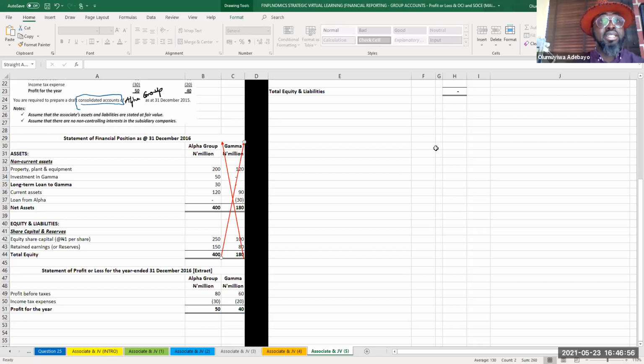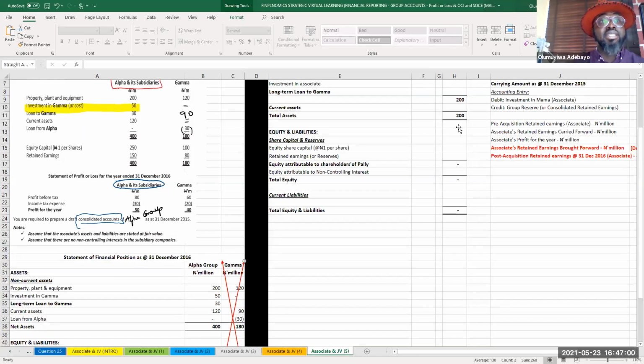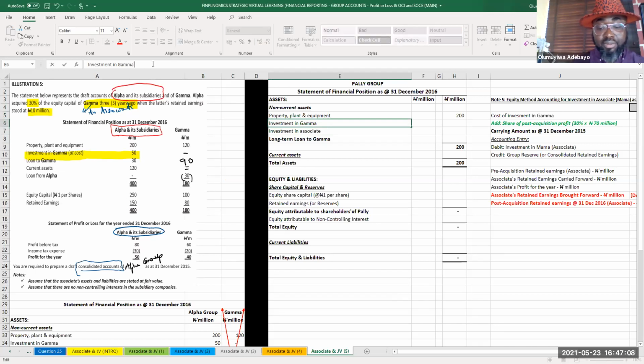You don't need Gamma asset and liabilities, 200. Investment in Gamma, how much is it now? Which is same as investment in associates. How much is it? It's going to be 0.